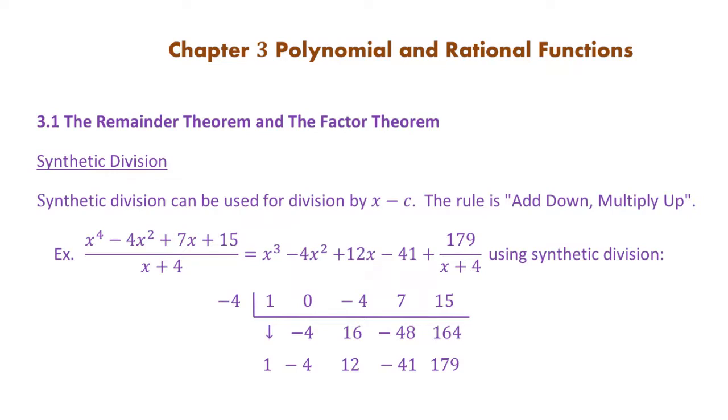And then the next term is negative 41 without x. So the quotient will be x cubed minus 4x squared plus 12x minus 41. And again, you add the remainder 179 over x plus 4 at the end. So that's the synthetic division and how you write the answer from synthetic division.